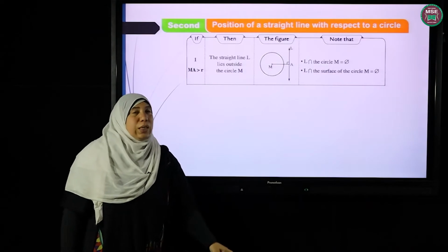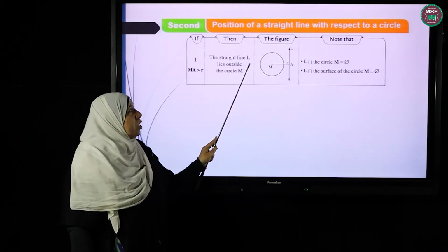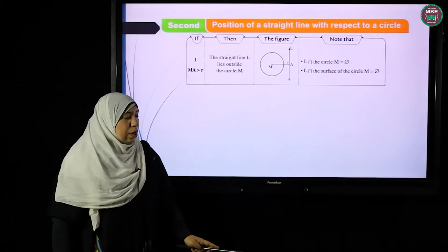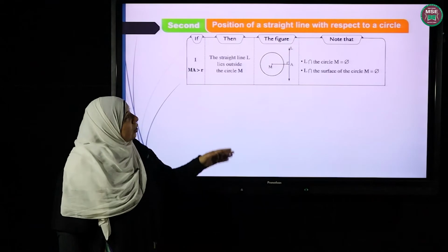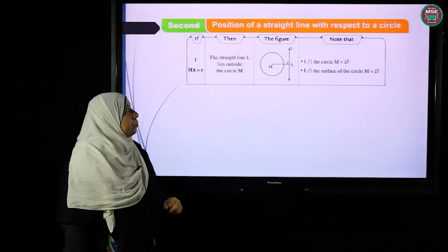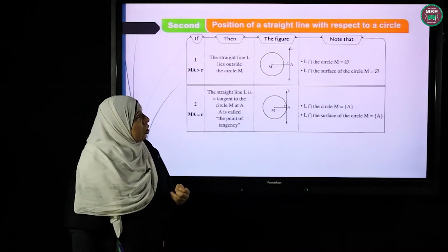The perpendicular distance from M to A, if it's greater than R, I will find that the drawn straight line is outside the circle. So I can say that this line is outside the circle.